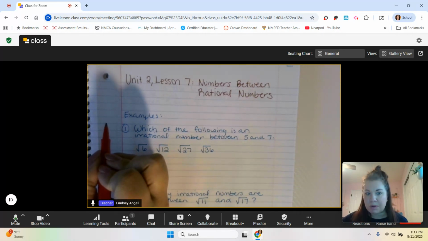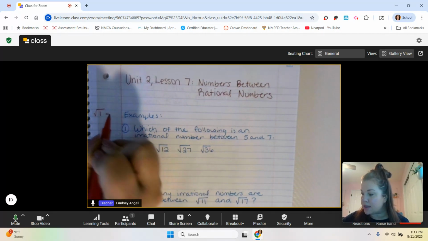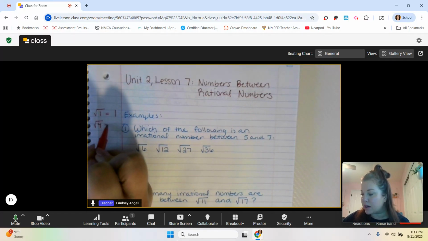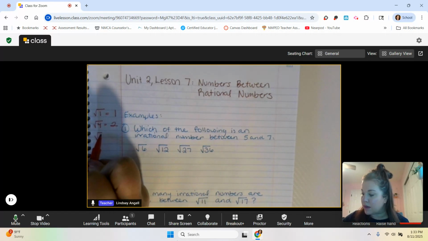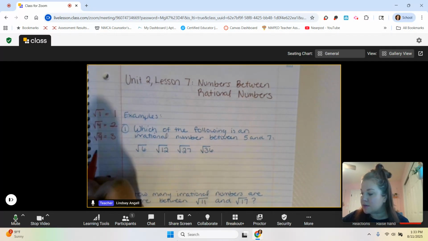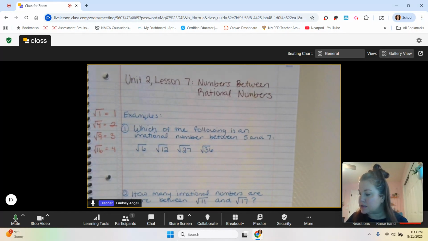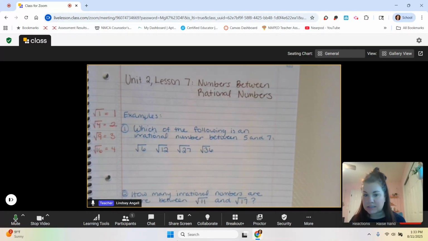So perfect squares: the square root of 1 is 1, the square root of 4 is 2, the square root of 9 is 3, the square root of 16 is 4. I'm trying to get all the way up to here so that I can see where I'm at, okay?